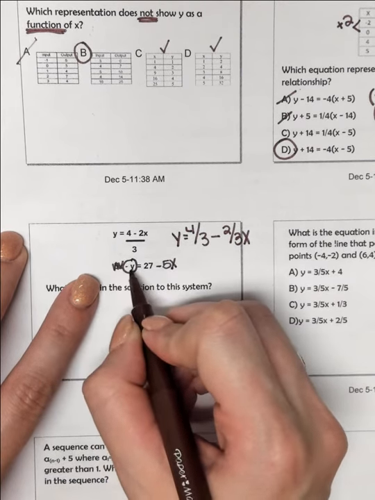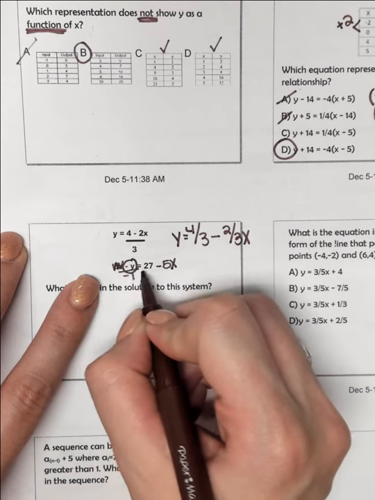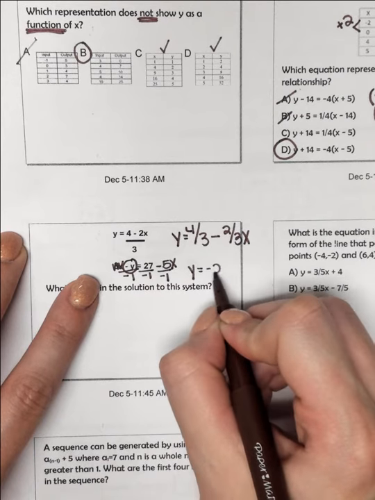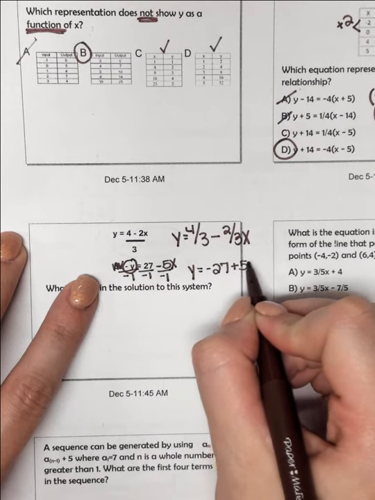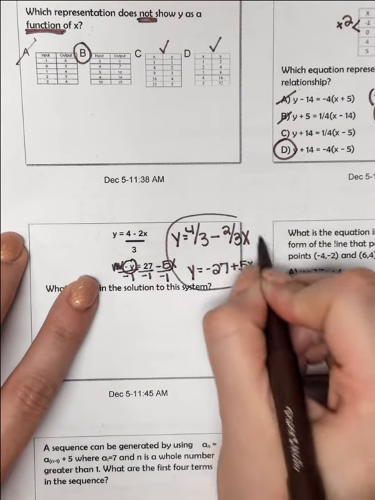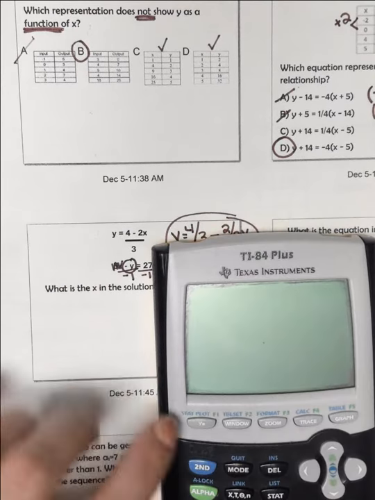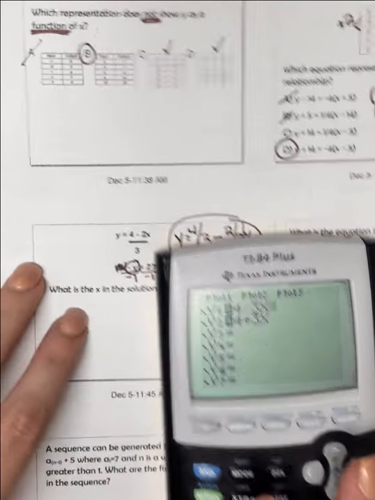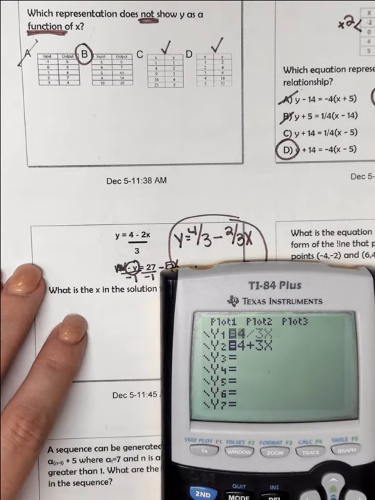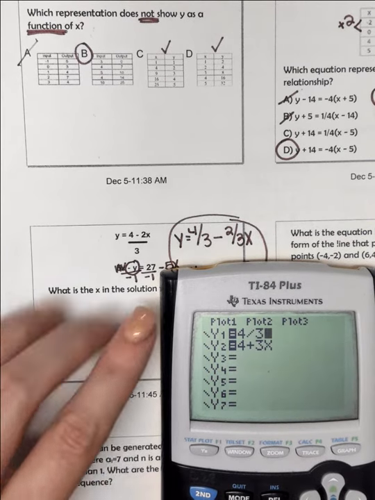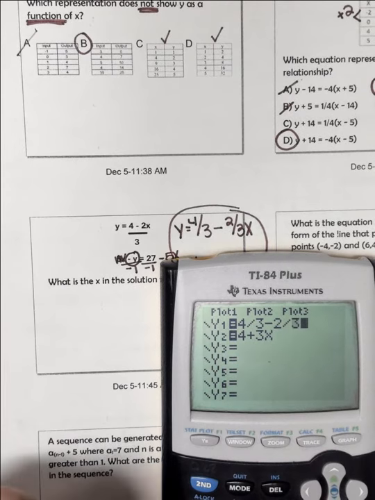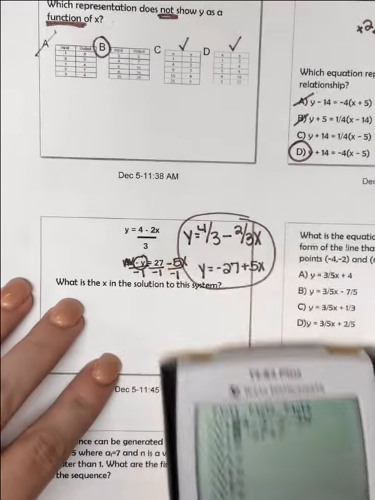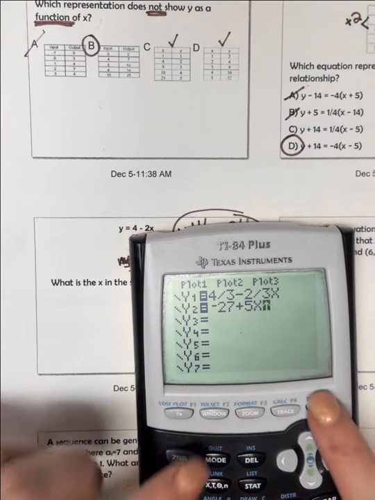Here, there's a negative in front, so I have to divide everything by a negative 1. So y equals negative 27 plus 5x. So let's plug those in the calculator. 4/3 minus 2/3 x, and then negative 27 plus 5x.